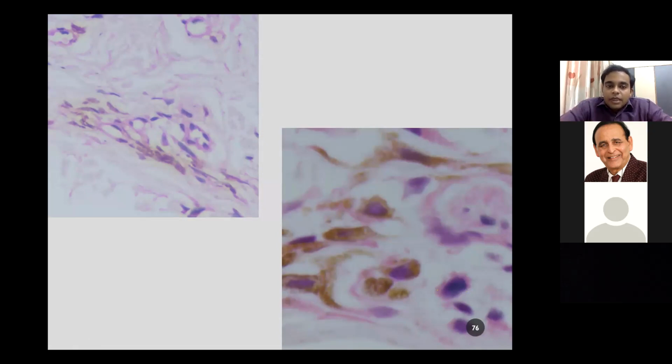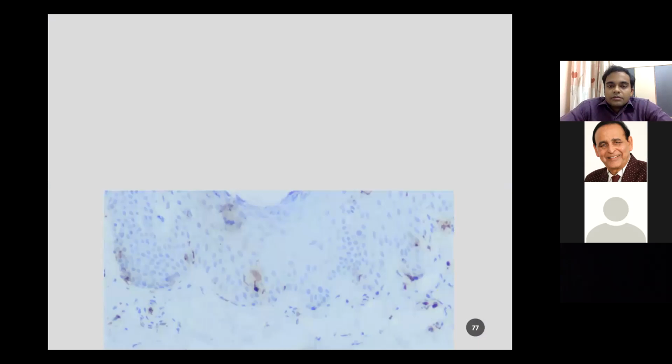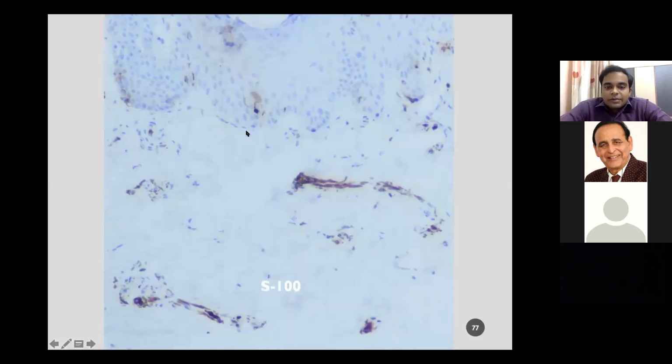So they were actually melanocytes. We were surprised to know, and we were very interested in these cases because they were only present in perivascular location. And when we went for special stains, special stains were done, and it clearly showed the elongated cells. So these brown cells behave because melanocytes have these dendritic processes.